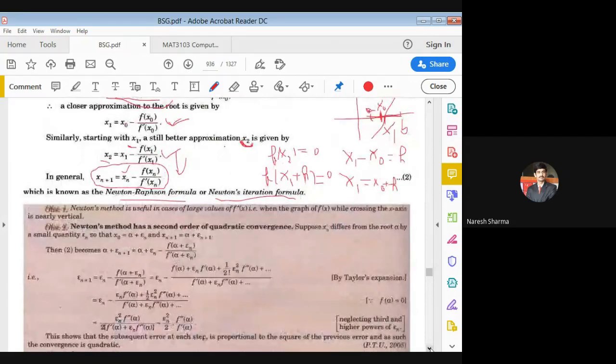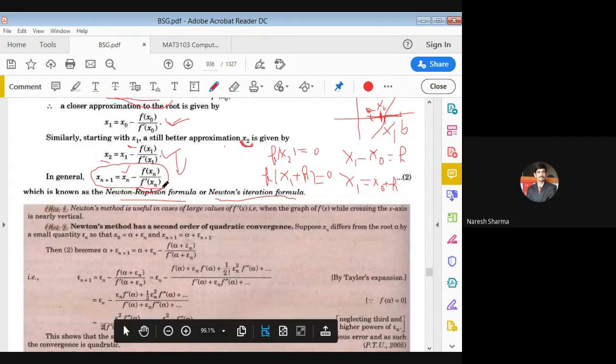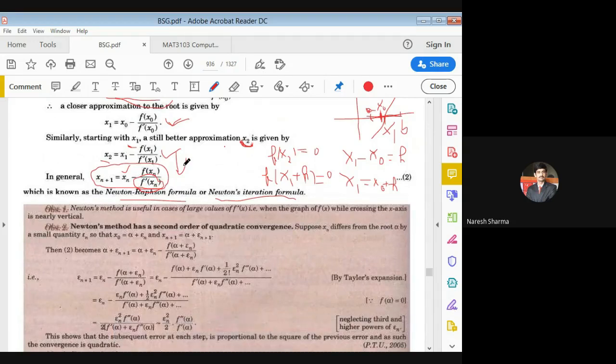So this method is used for large values of the derivative, because when the derivative is small, near about zero, there is a problem. You know that the derivative is the slope. If this is your curve, any curve, and the derivative, the slope, is zero, that means the line is parallel to the x-axis, so it never touches the x-axis.